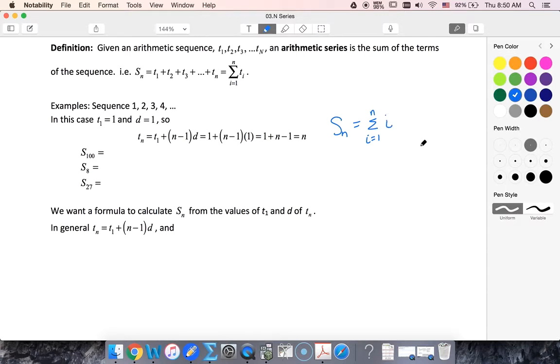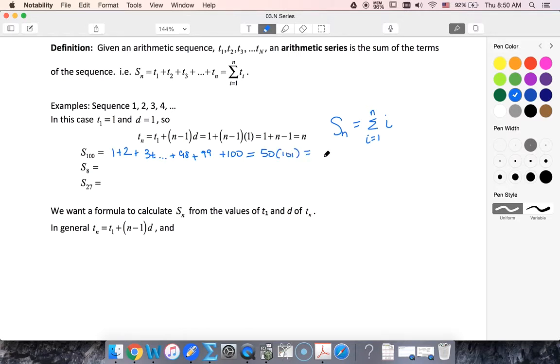Okay, so following from above, the sum of my first 100 terms, well, that's going to be 1 plus 100, 2 plus 99, 3 plus 98, and notice now I'm going to end up with 50 pairs of 101.